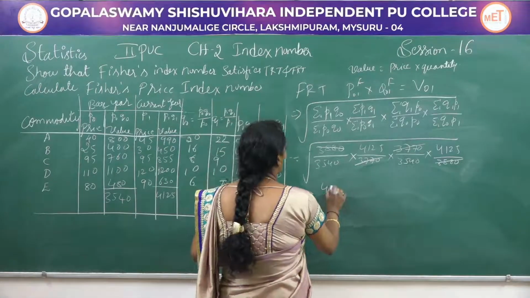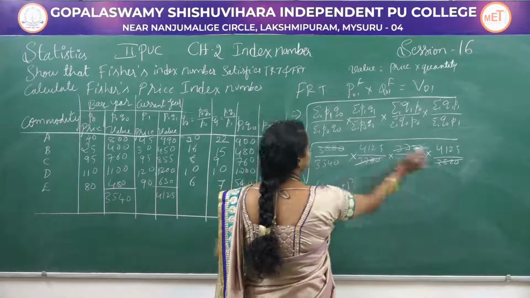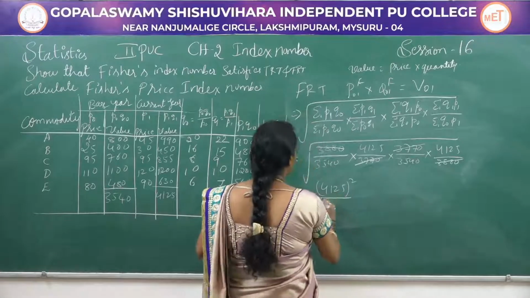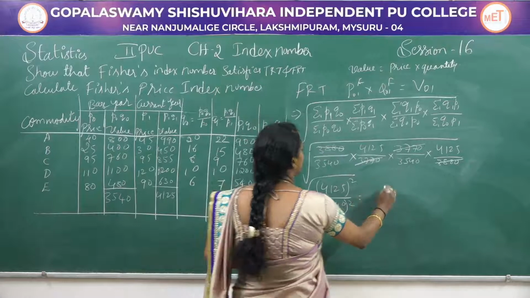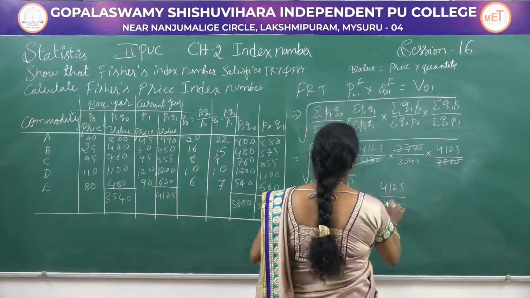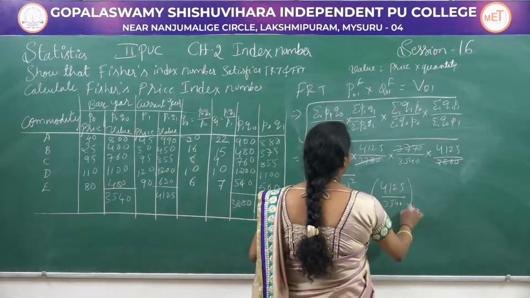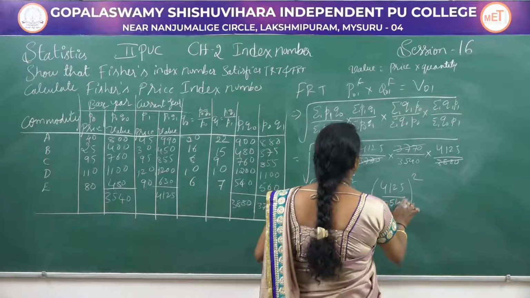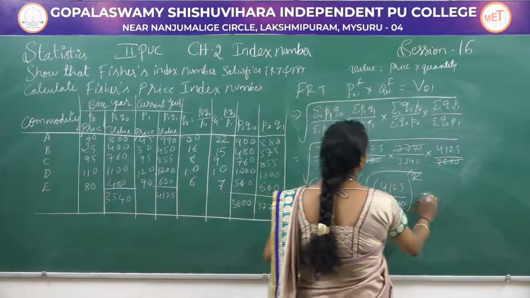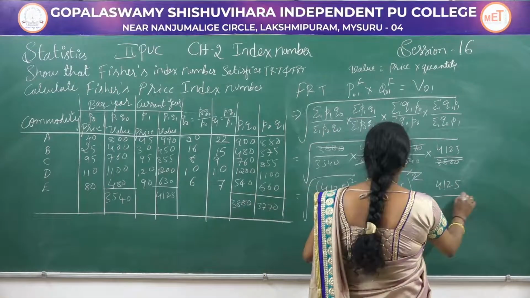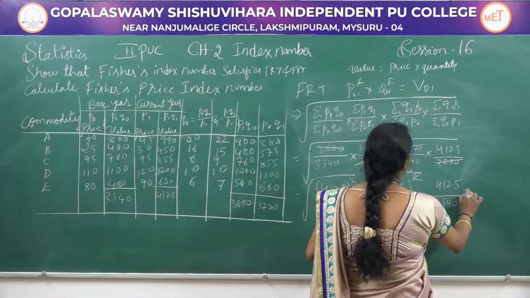Remaining is 4125 the whole square 2 times divided by 3540 the whole square, the square root. Again 4125 divided by 3540 the whole square, the square root. Here square and root will get cancelled. Remaining is 4125 divided by 3540.